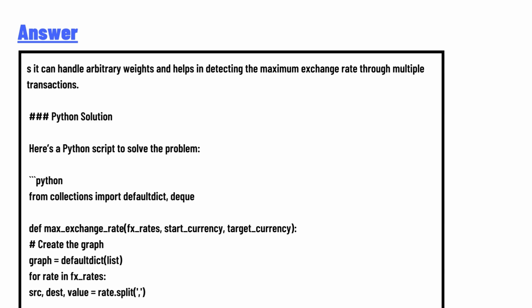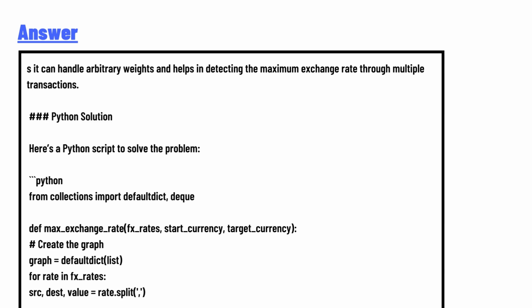Relax edges up to len(graph) minus one times. currencies = list(graph.keys()); for _ in range(len(currencies)): for src in graph: for dst, rate in graph[src]: if dist[src] * rate > dist[dst]: dist[dst] = dist[src] * rate. Return dist[target_currency] if dist[target_currency] is not float('-inf'). In the main function: import sys, read the input, strip and split. fx_rates is input 0, split; start_currency is input 1; target_currency is input 2.